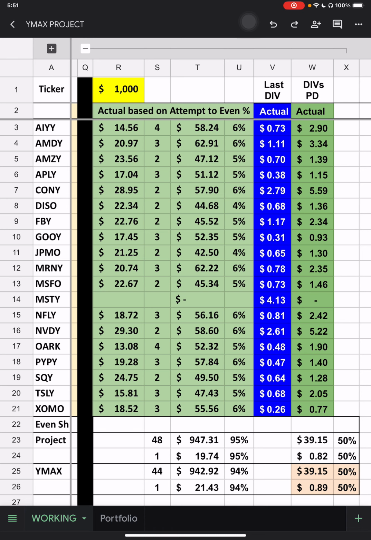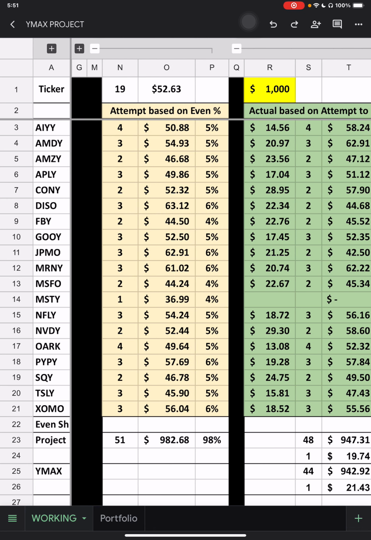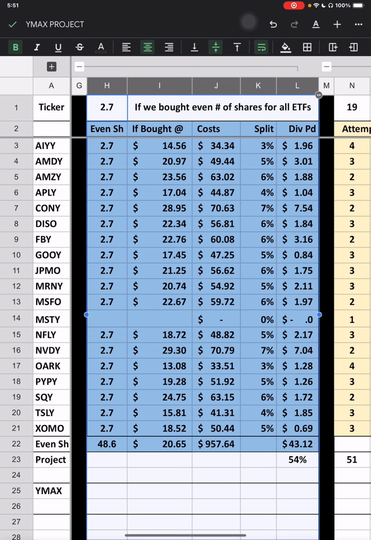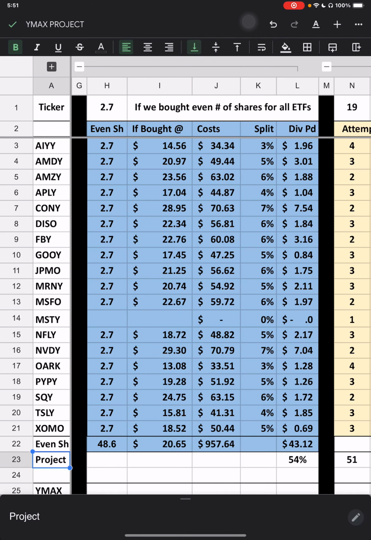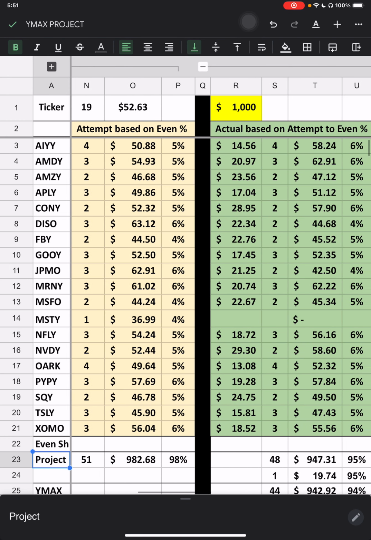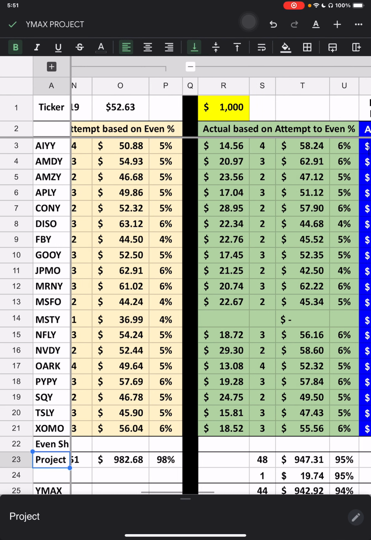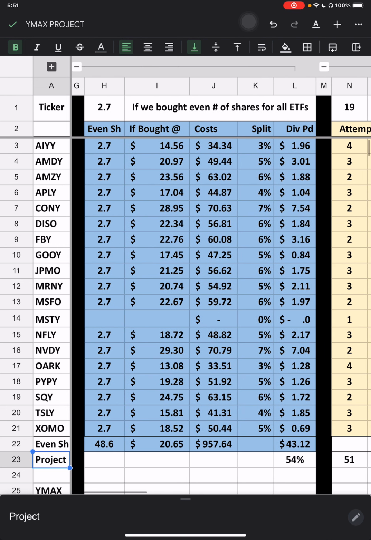Oh, I did have one more thing. I just hit it because for some reason I did it up front, and this is just for this specific month. But I'm curious if we actually bought just even shares versus trying to do it just like YMAX did, which is what I've done here, to try to match that.